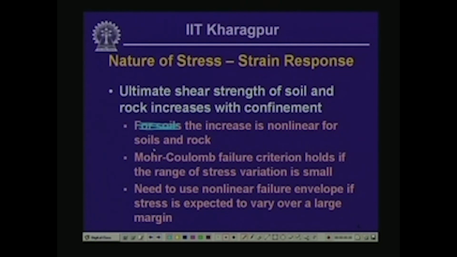There is a mistake here. So, the Mohr-Coulomb failure criterion is going to hold only if the range of stress variation for that particular problem is relatively small. If you are set with a problem which involves variation of normal stress over a very large range, then you need to consider a curved nonlinear failure envelope.